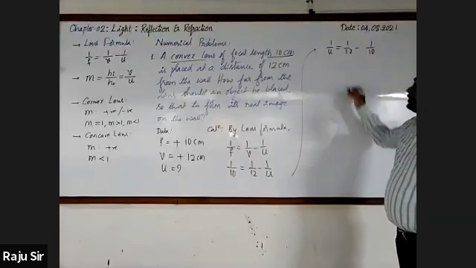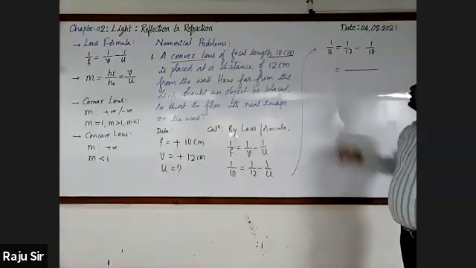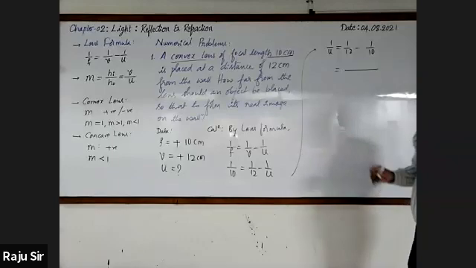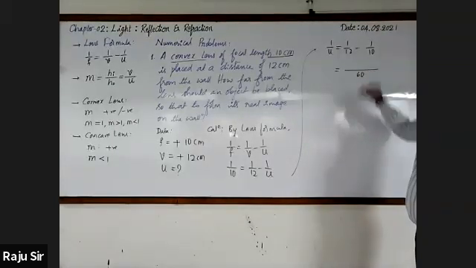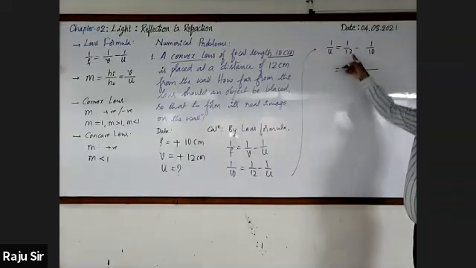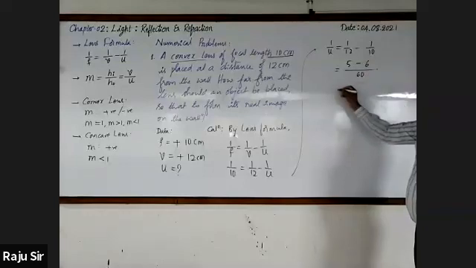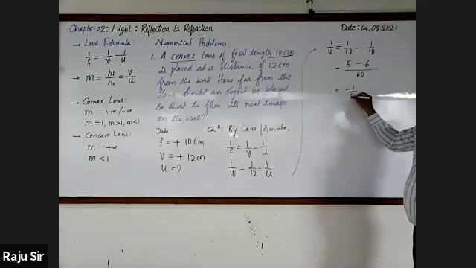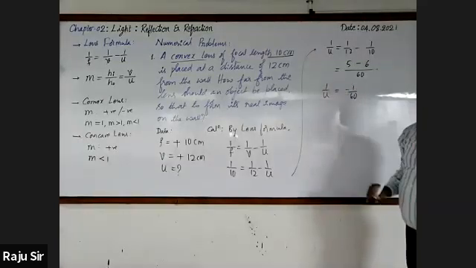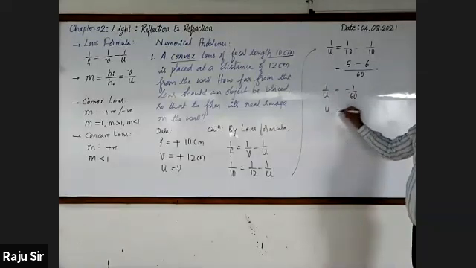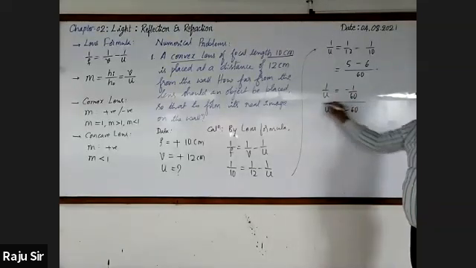Take LCM. What is the LCM? 60. Then 12 fives are 60, then 5 ones are 5. Multiply LCM with the second term: 10 sixes are 60, 1 by 60. It is minus 1 by 60. 1 by U is minus 1 by 60. Take the reciprocal. U is equal to minus 60.